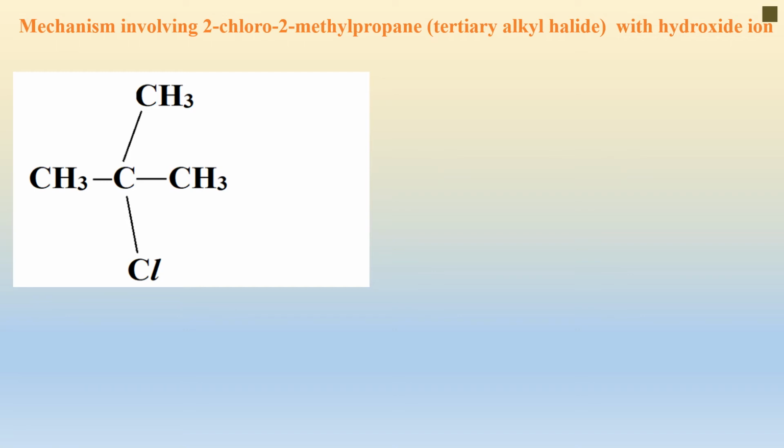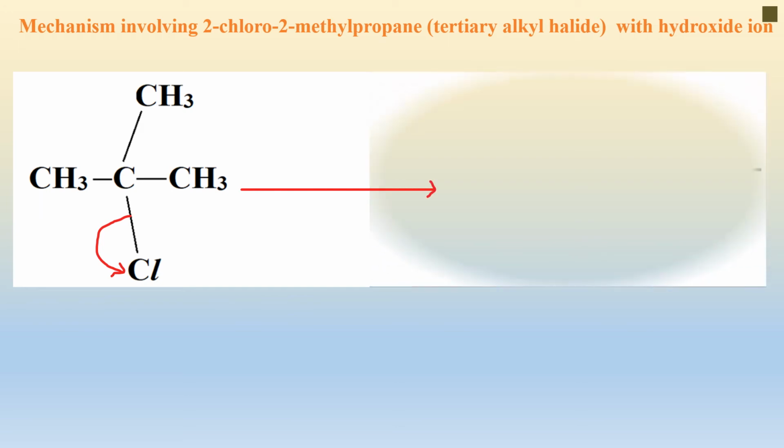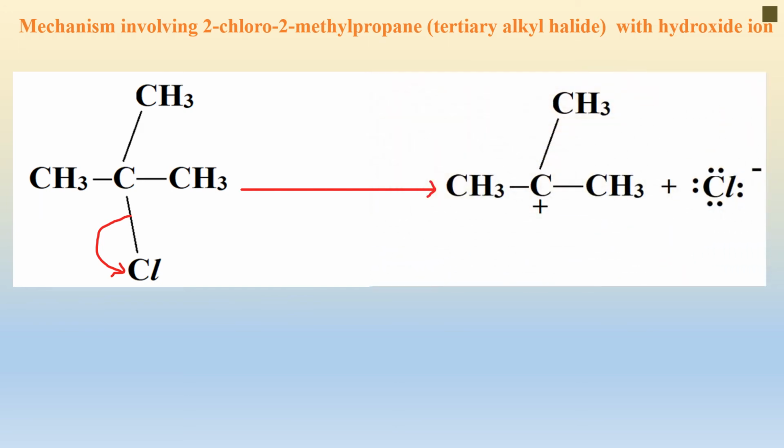During the substitution reaction, when this alkyl halide is dissolved in a polar solvent, it undergoes self-ionization. It means that the molecule itself can lose the halogen and form a carbocation ion. This is possible for tertiary alkyl halides because of the stability of the carbocation formed.